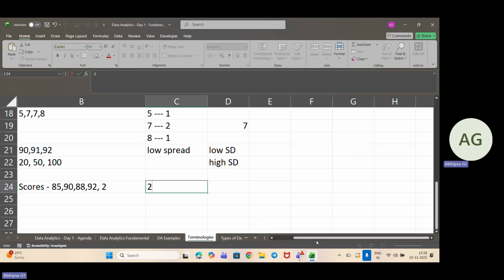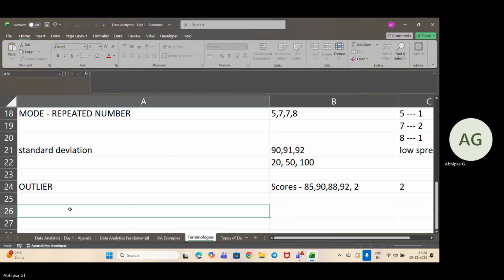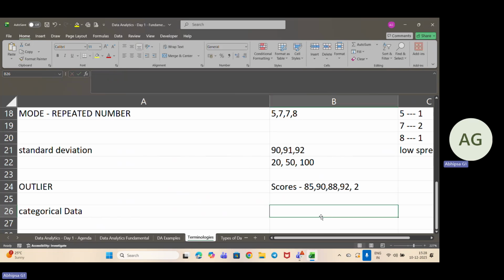Next, coming down to categorical data. Categorical data means data that are words or categories specifically. These are different categories, like the categories of gender, male or female.